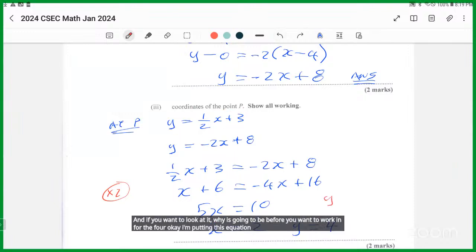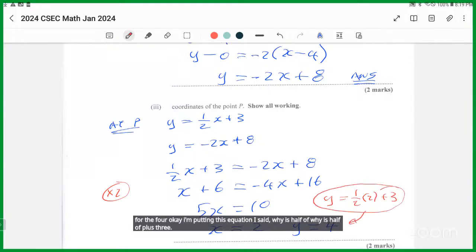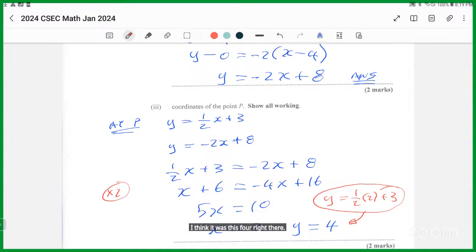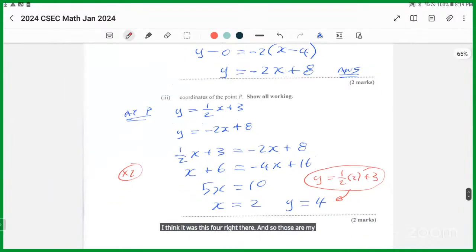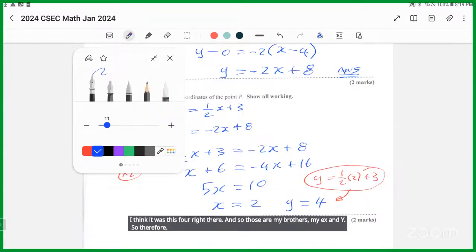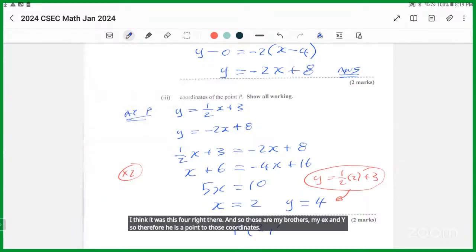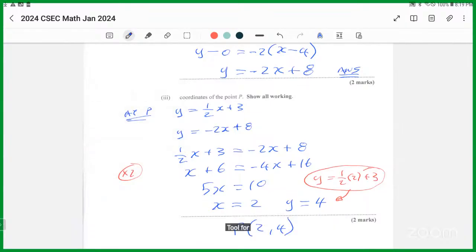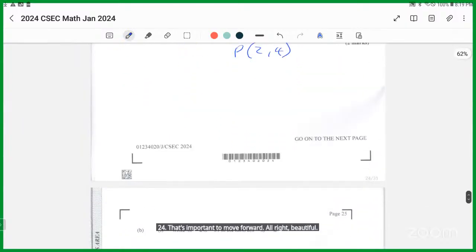And so y is half of 2 plus 3 to give us this 4 right there. And so those are my values for x and y. So therefore, P is the point with those coordinates, 2, 4. That's the coordinates of P, 2, 4. All right, beautiful.